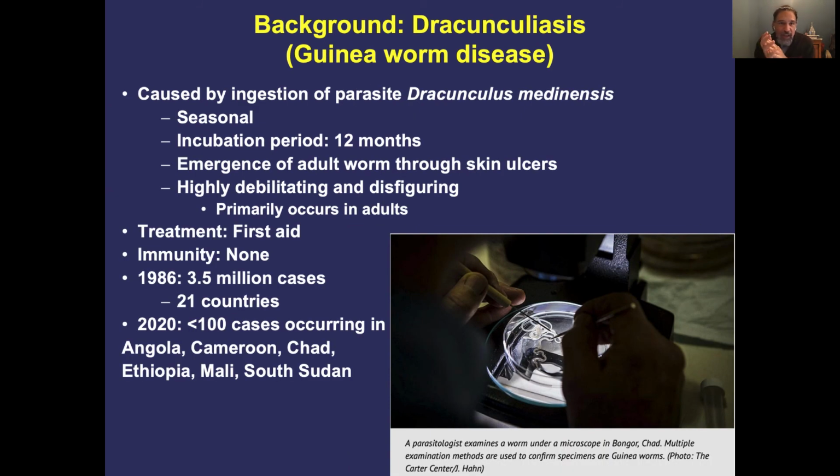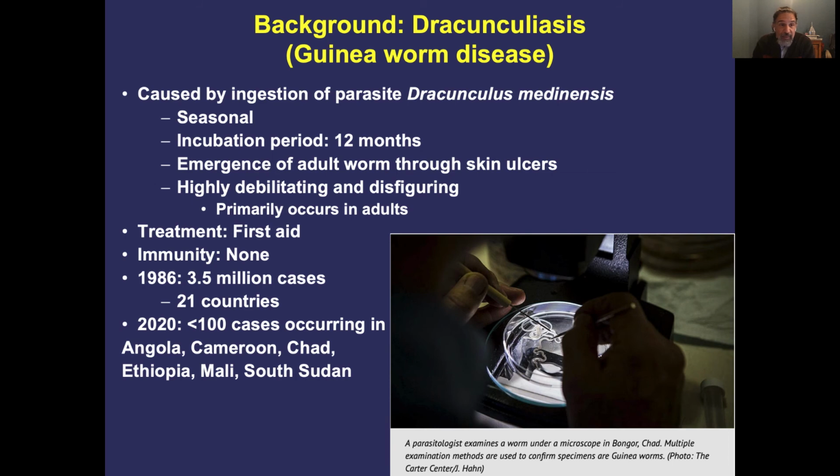So dracunculiasis, or Guinea worm disease, is unlike the viral infections we've been talking about so far. Dracunculiasis, or Guinea worm, is an example of a parasitic infection. It's caused by the ingestion of a parasite called Dracunculus medinensis. It's a seasonal infection, and it has a long incubation period, about 12 months between infection and the time when symptoms develop.